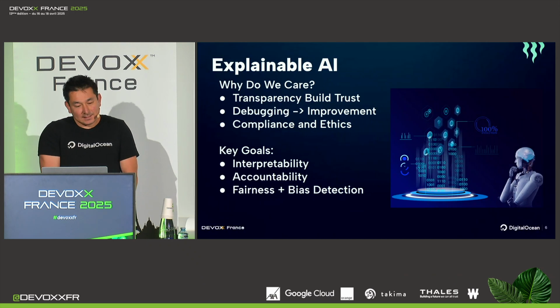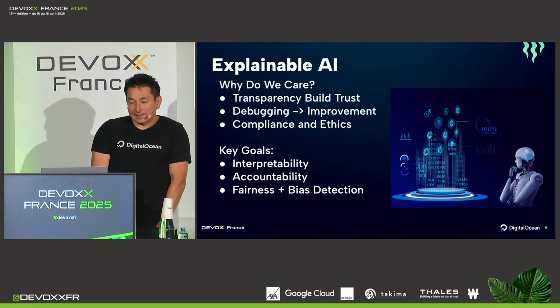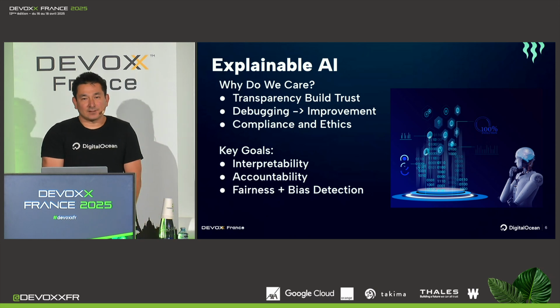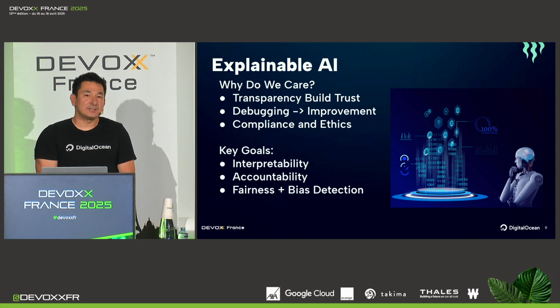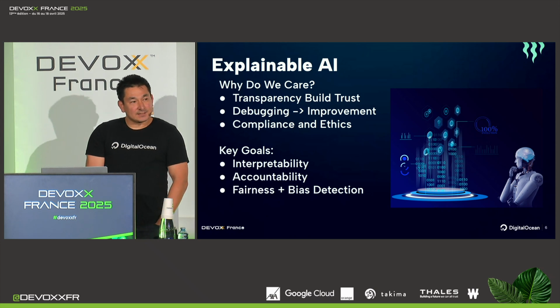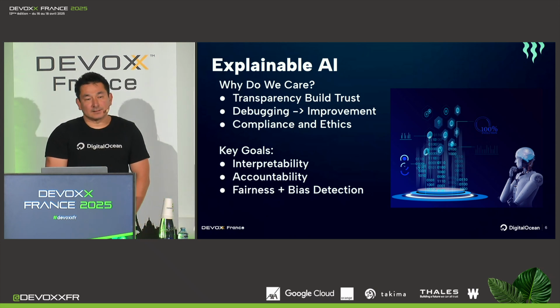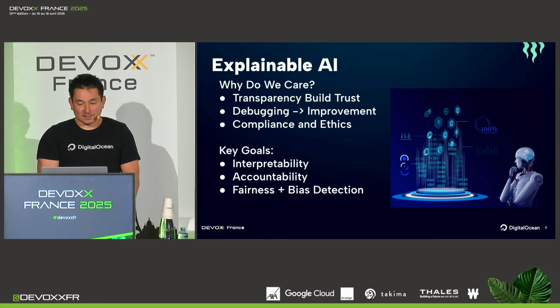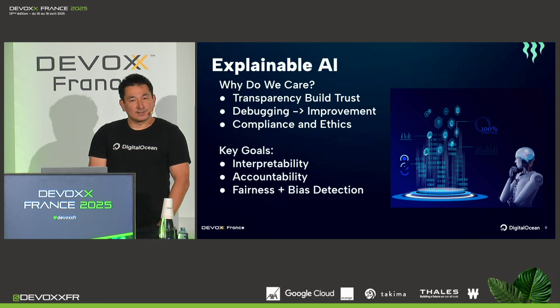So having said all that, what is explainable AI? So explainable AI is effectively building transparency, understanding what our AI and ML systems are doing. And by doing that, we build trust that we can use our AI systems and ML systems effectively. And also, we're able to use and debug these systems to make improvements in them. So if there is something that's deeply flawed with them, we can fix them and enhance them.